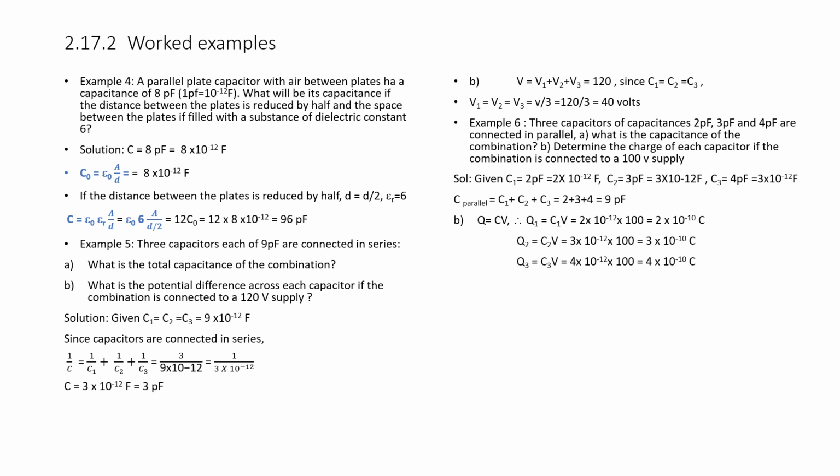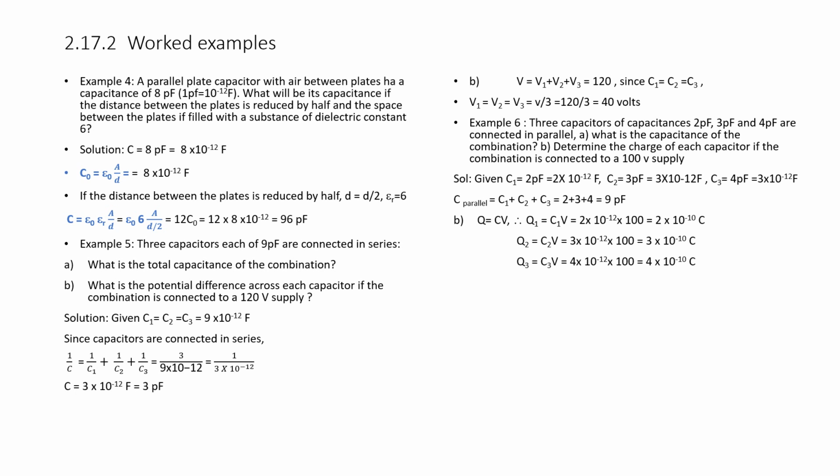Here two important points. The capacitance gets added up when they are connected in parallel. Therefore, the equivalent capacitance will be C1 plus C2 plus C3, that is equal to 9 picofarads. Similarly, the charge gets divided in proportion to the value of the capacitance.